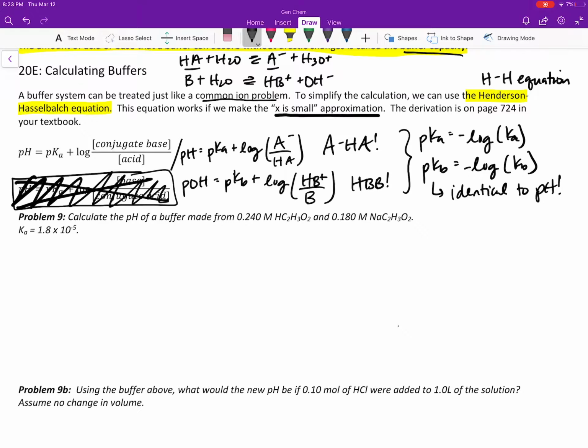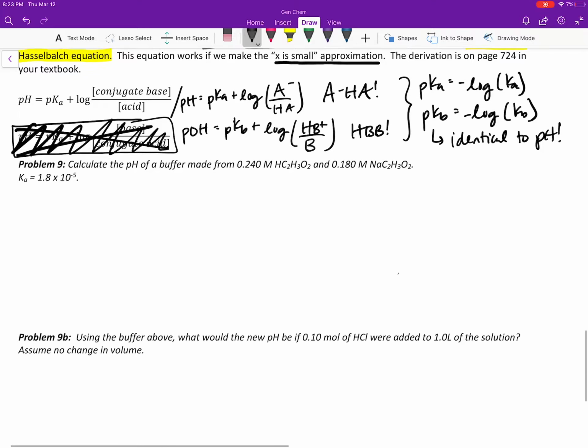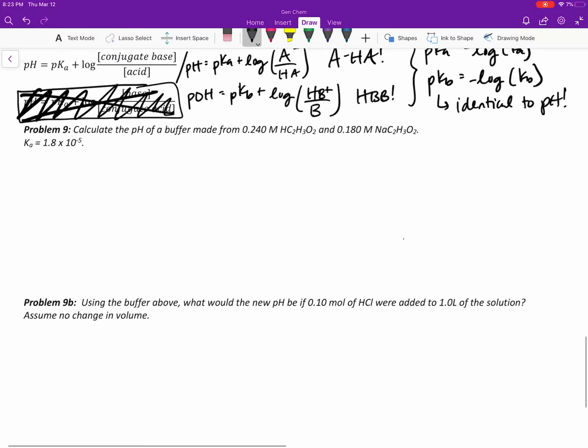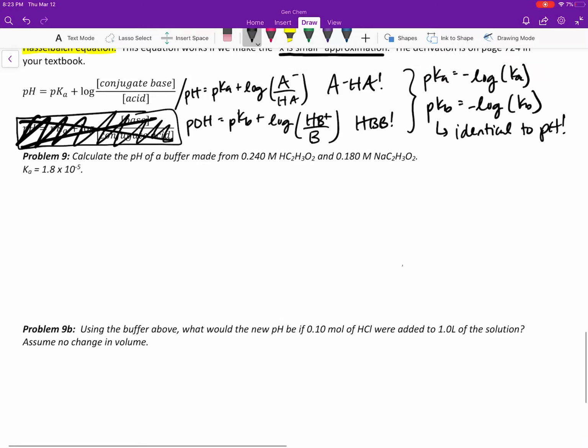All right. So let's practice some buffer problems because buffers are going to be very, very, very important to us. So in problem number 9, it says to calculate the pH of a buffer, using Henderson-Hasselbalch, made from a certain amount of acetic acid and a certain amount of sodium acetate, and we're given a Ka value.